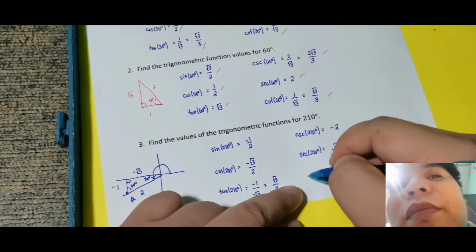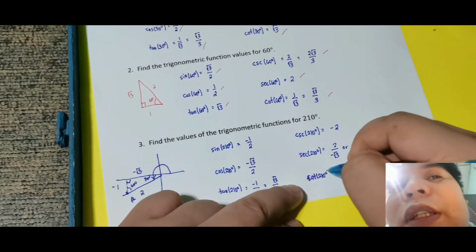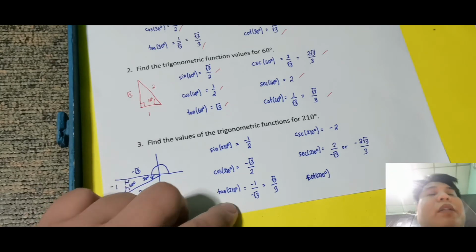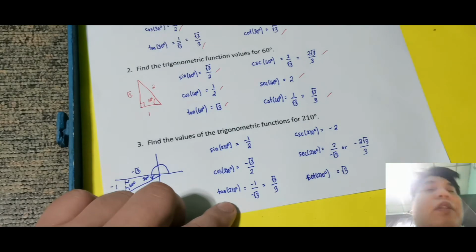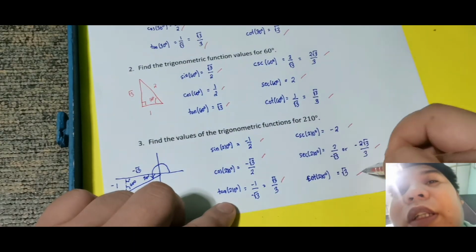Lastly, cotangent. Cotangent ng 210 degrees. So negative over negative, that is positive. Tama. That's square root of 3 na lang to. So this is square root of 3. Okay, so therefore, yung values ng ating 6 trigonometric functions ng 210 is, ayan.